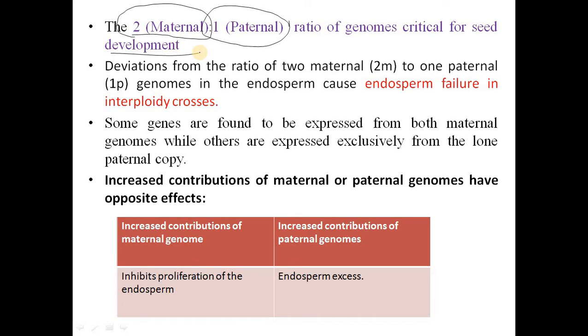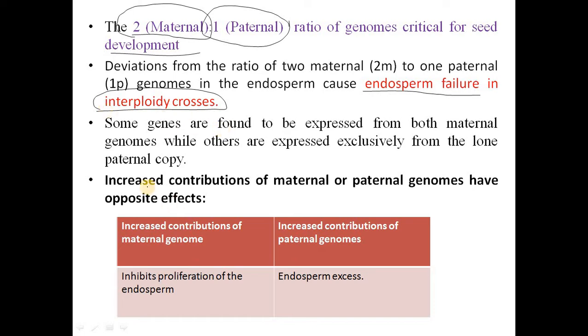Deviations from the 2:1 ratio in the endosperm cause endosperm failure in interploidy crosses. What does it mean? That forms the triploid block effect. When there is a cross with plants of a lower ploidy level, there is a failure of fertilization, or the seeds are not viable.